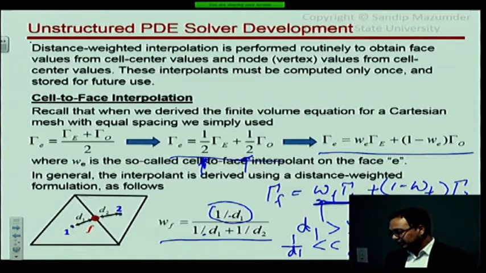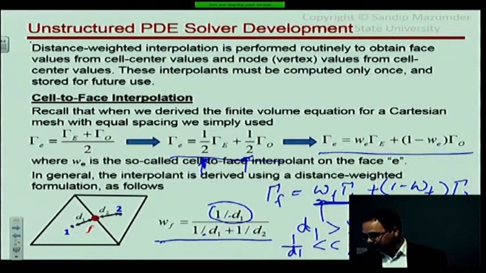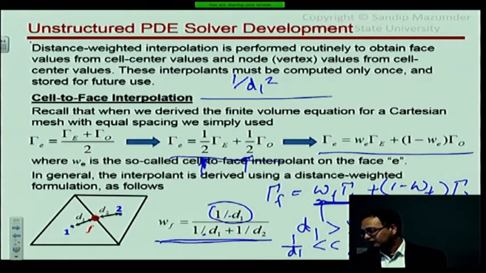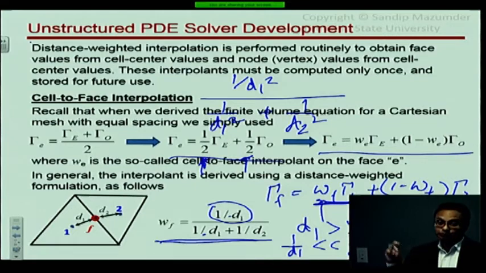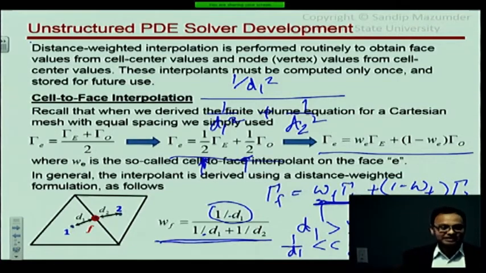Now one other point I want to make is sometimes people, instead of using this, use a formula where they use distance square interpolation. So 1 over d1 square divided by 1 over d1 square plus 1 over d2 square. That's another method that people often use. And the reason they use that is it's kind of derived from physics.